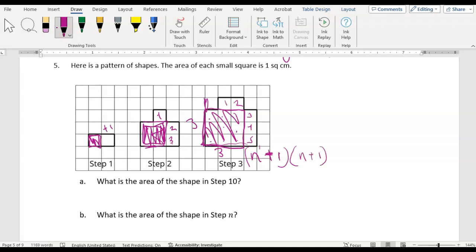But then we are subtracting 2 minus 2. Same thing here. We subtracted 2 here. Okay?